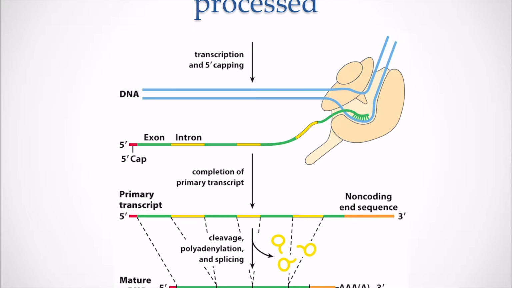So in essence, our primary transcript is going to be templated by the DNA, and then you're going to get at the 5' end a cap, and this cap is added as the gene is being, or the message is being made. And then eventually we're going to get a 3' poly-A tail added to it as well.